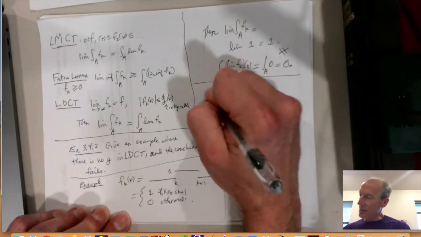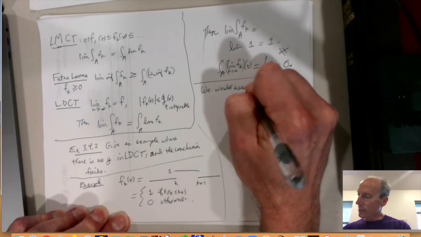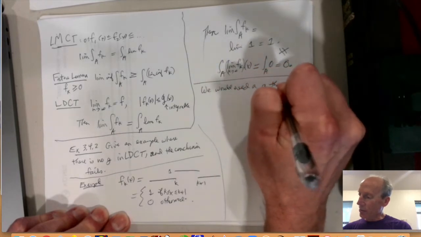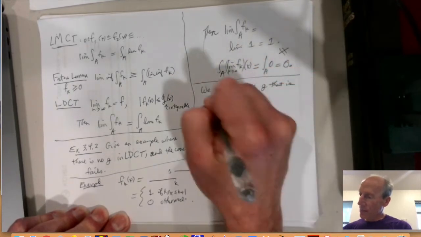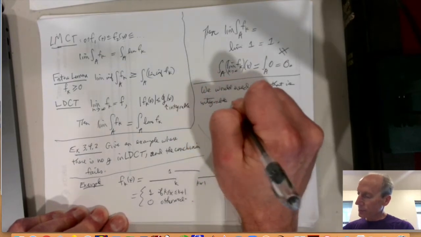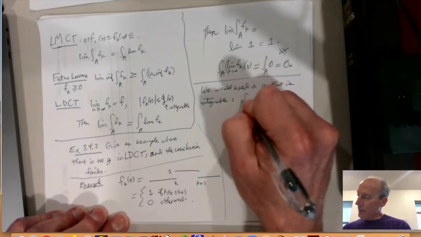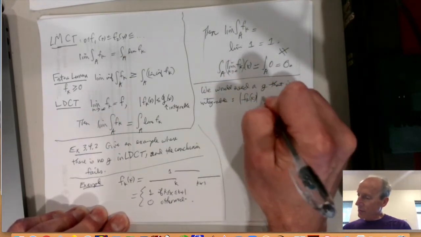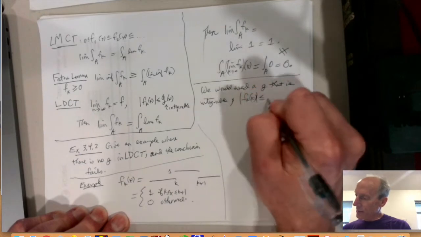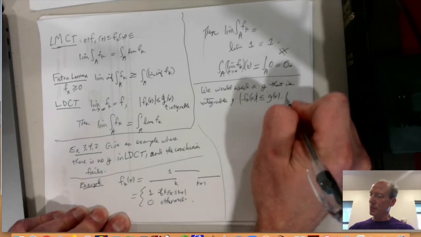And the reason is we would need a g that is integrable and the absolute value of fk of x is less than g of x for all x.